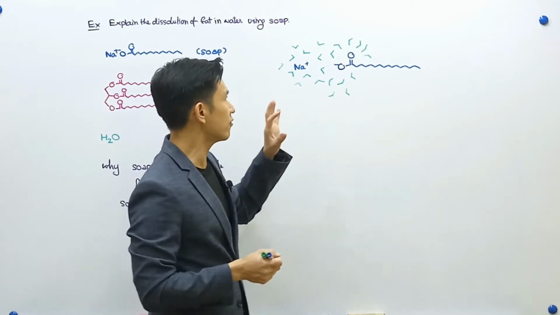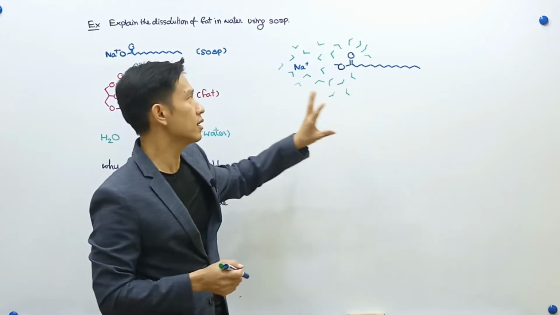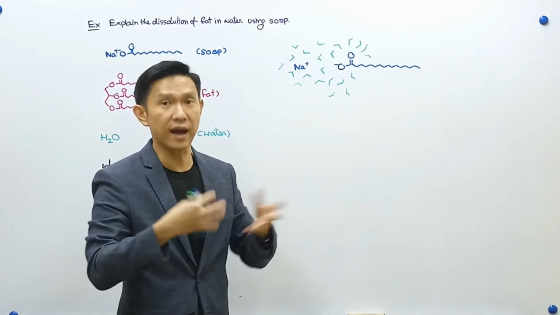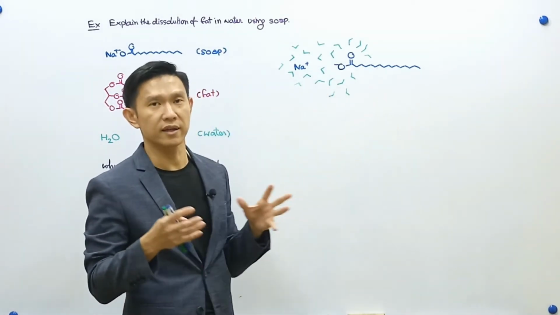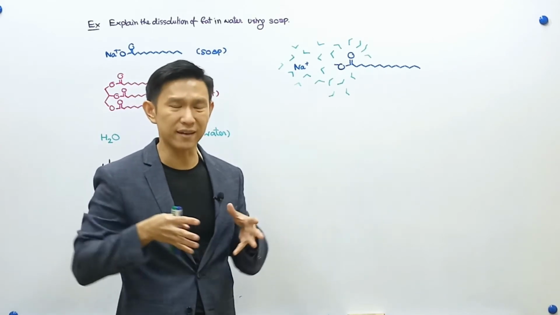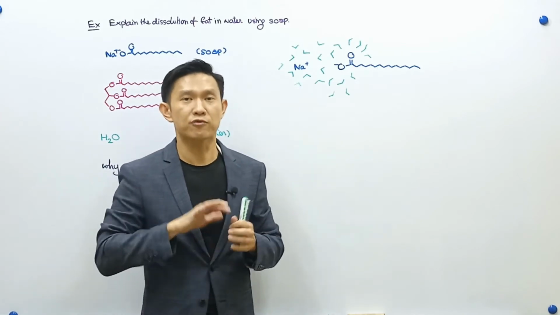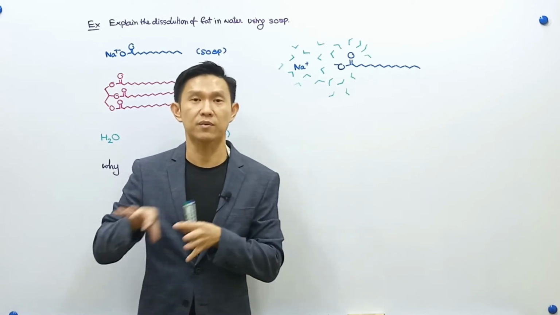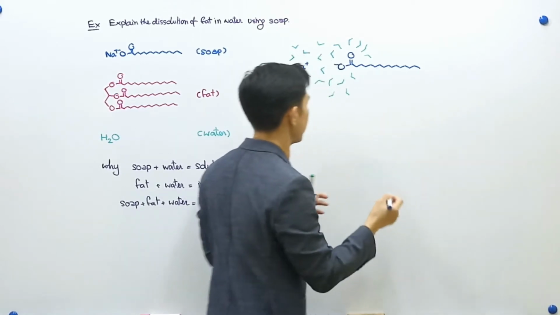Because if you have many molecules of soap, they start to interact with each other. With the higher population, the non-polar side chains come together using London force to pack themselves up together. We can call it hydrophobic interaction because they tend to stay together rather than stay with the water.